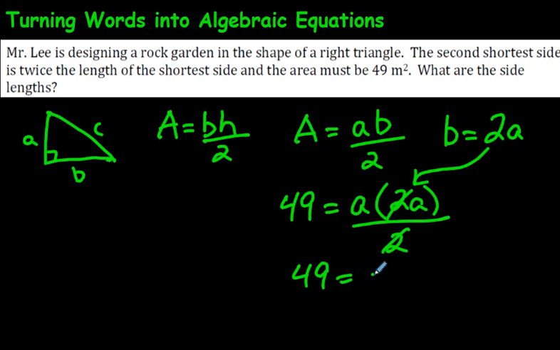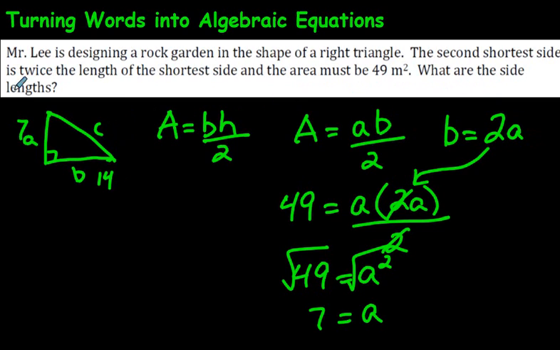That gets rid of that, and we're left with just A times A, which is A squared. To figure out what A is, we have to take the square root of both sides, and the answer is 7. That means the shortest side is 7. Over here is 2 times that. It's going to be 14.